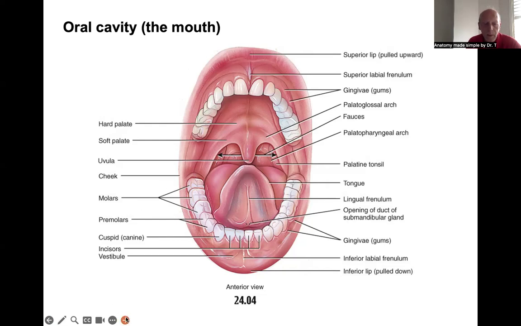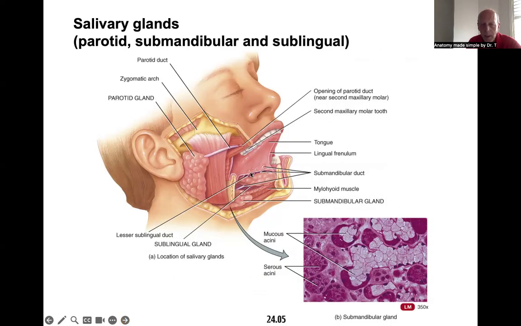The third one is the sublingual, and as its name again tells us, it is located on the floor of the oral cavity under the tongue. This gland could also be explored with a clean hand, going under the tongue and feeling somewhat of a cobblestone appearance of the oral cavity floor, and it will have multiple openings of its own, so there is no specific opening we need to identify.